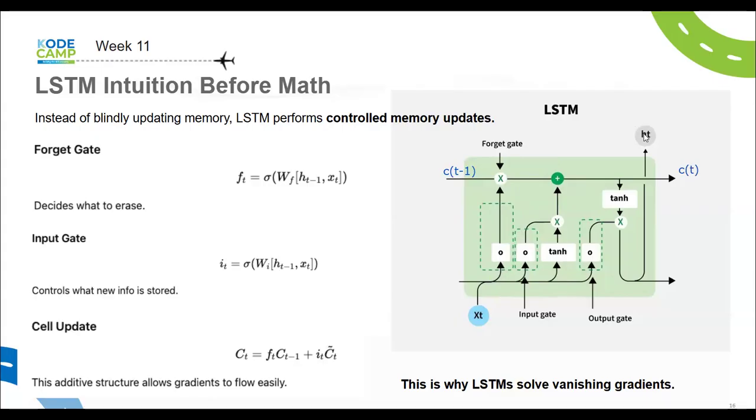Then you apply a weight to them, and then you apply the sigmoid gate. So that's this FT here. FT is the forget gate.